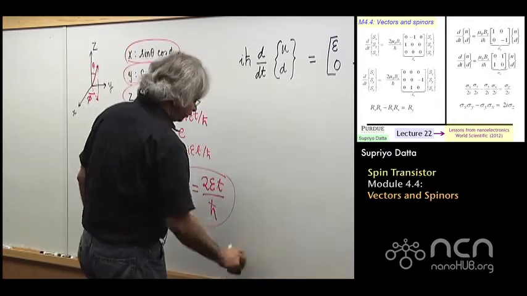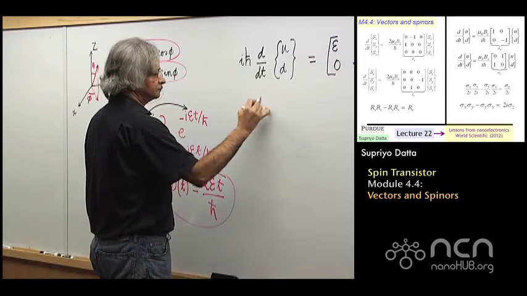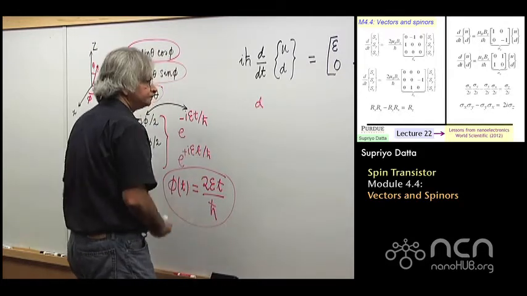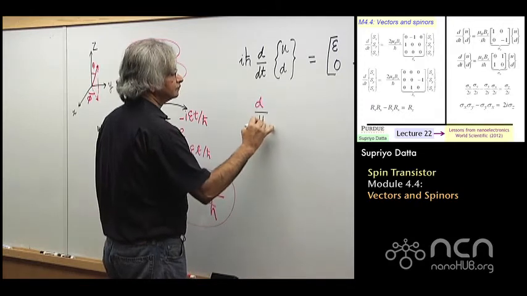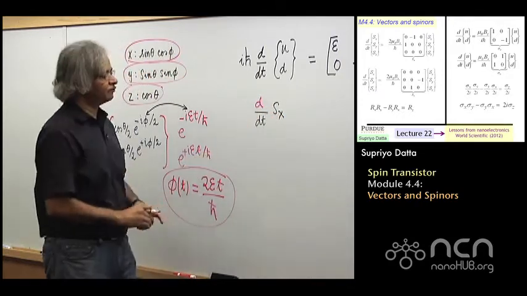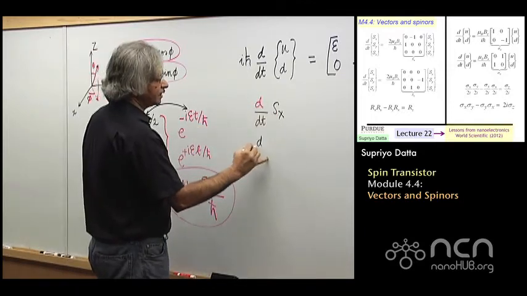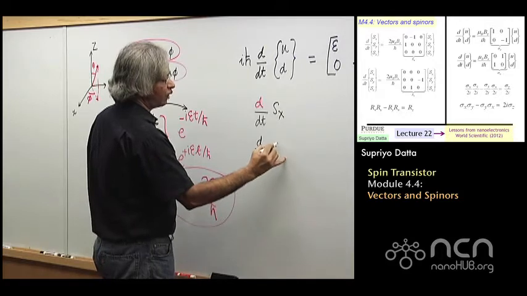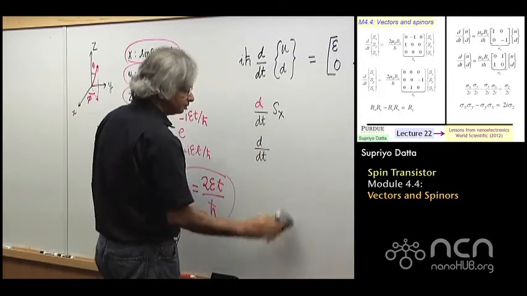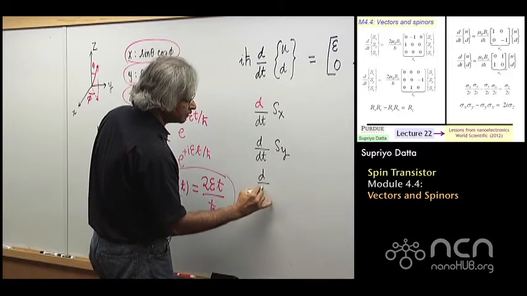So supposing I want to write an expression that will look like d dt that will describe the time evolution of the x component of the spin, or it will describe the time evolution of the y component, for example, or the z component.